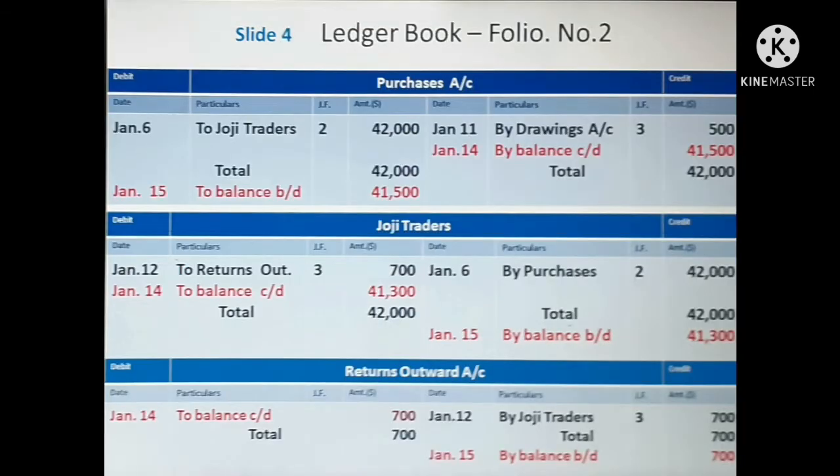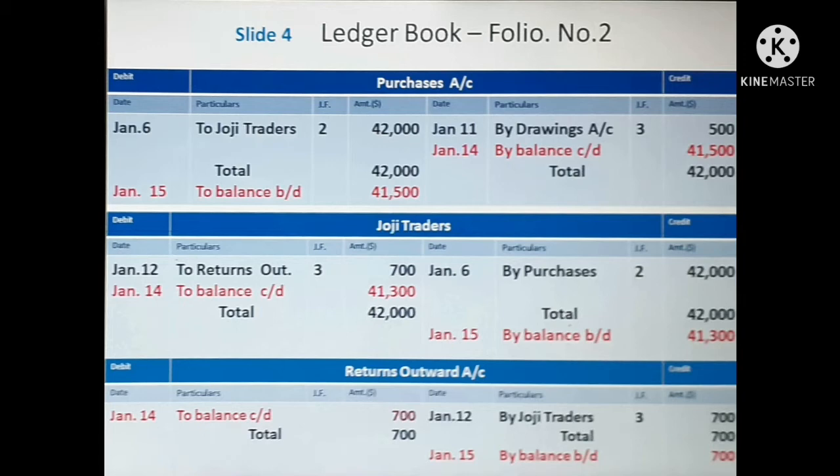Slide 4 is ledger book folio number 2, which contains purchase account, Joji traders account and returns outwards account. In all the accounts which are balanced on January 14, you can notice that the postings balance carried down and balance brought down are shown in red color for easy recognition.